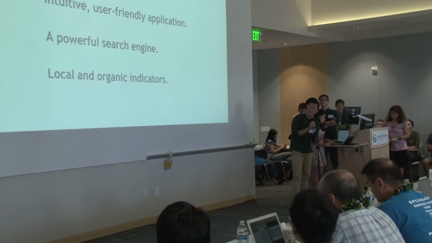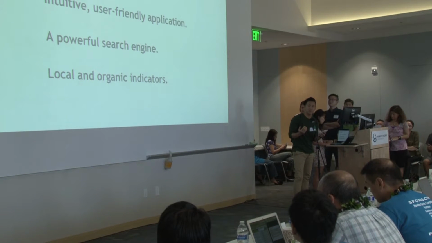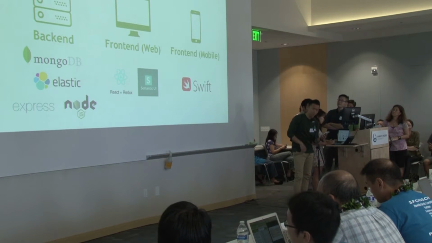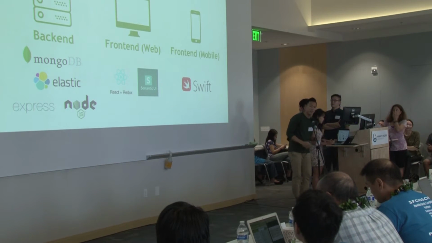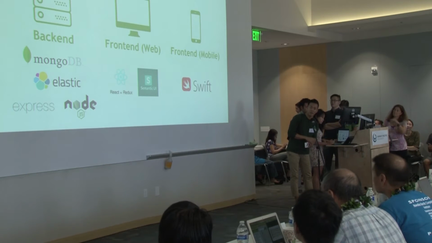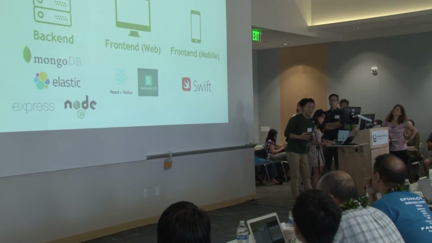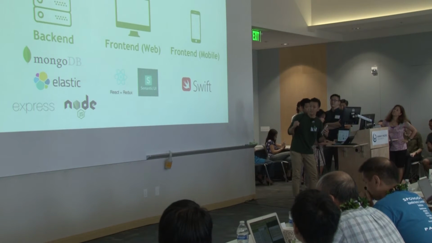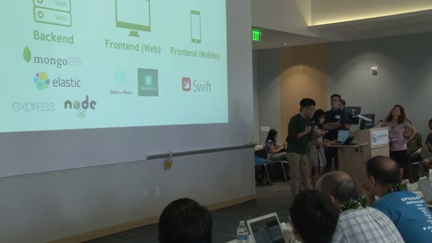And our unique badge system gives us the ability to highlight locally grown and organic products in Hawaii. The next slide shows the frameworks that we use for our application. They are all open source, and they are all built to scale, meaning that we can start small and grow as needed. And finally, they're all well-supported and popular frameworks that make it easily maintainable in the future.